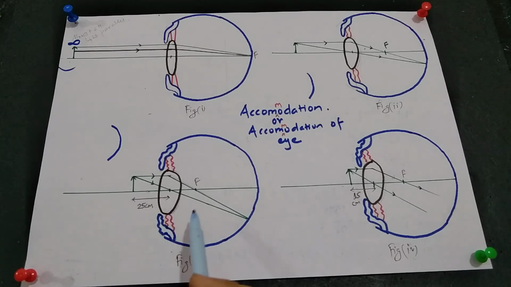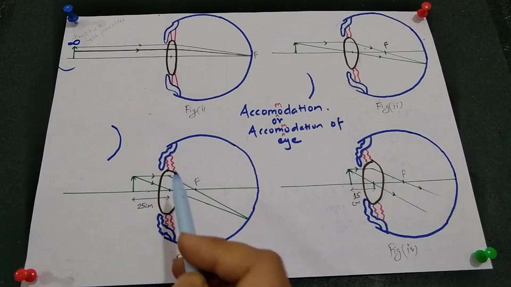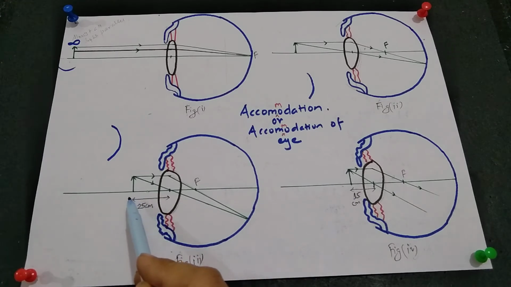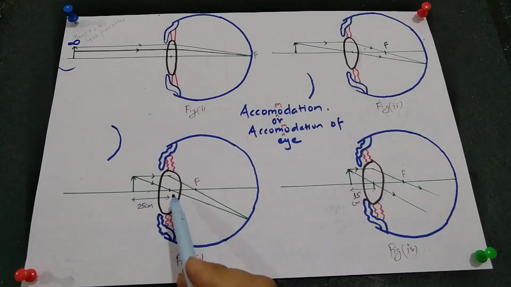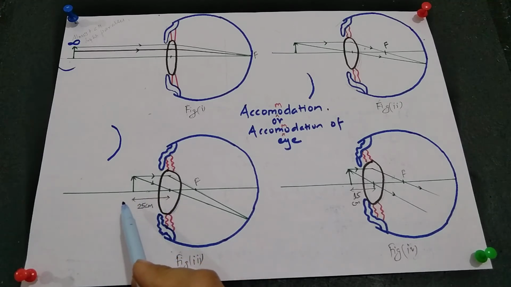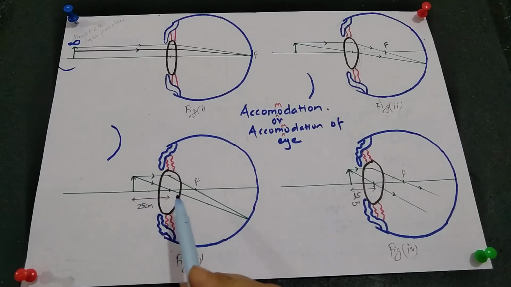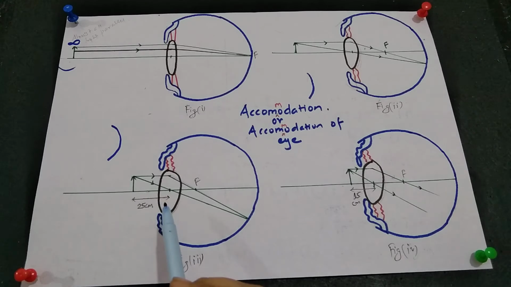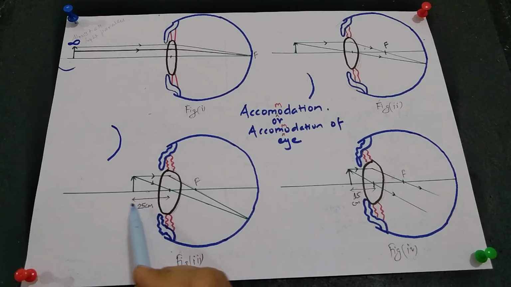Now let's define near point with respect to this figure. The nearest point from the eye lens at which an object can be seen clearly by the eye is called its near point. The near point of a normal eye is at a distance of 25 centimeter from our eye.